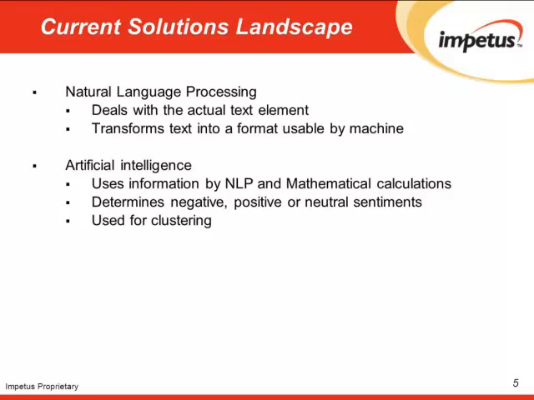Now, this option usually is not very successful because it's really deterred by factors such as internationalization, as well as that unique lingo that's used for tweets and Facebook status updates, which, as we know, is just a lot different from the natural language. Now, the second option uses information by NLP and mathematical calculations in order to determine negative, positive, or neutral sentiments. The machine learning solution is a part of artificial intelligence, and we're actually going to discuss that a little bit more in detail in the upcoming slides.